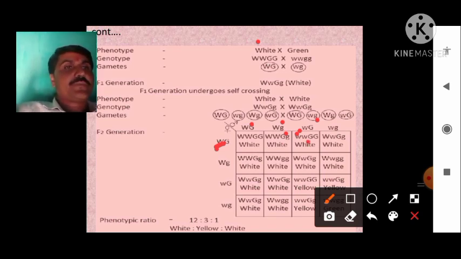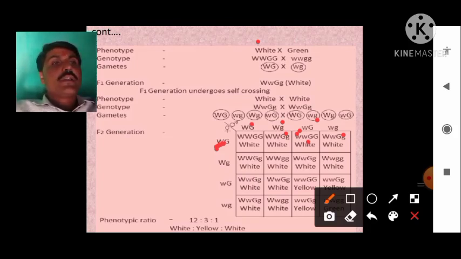Same with this one also: capital W with small w, capital G with small g, and we still get the white one. This one is white, this one is white, this one is white, this one is white.